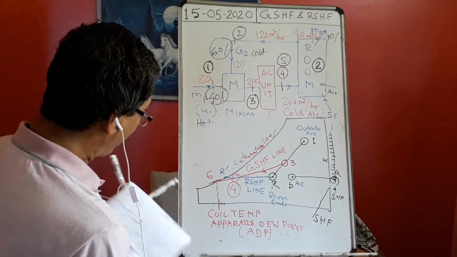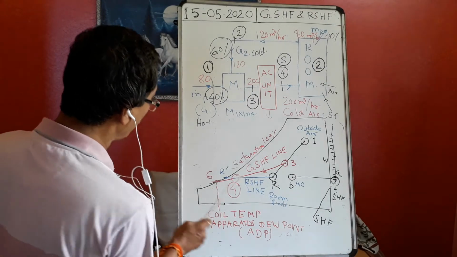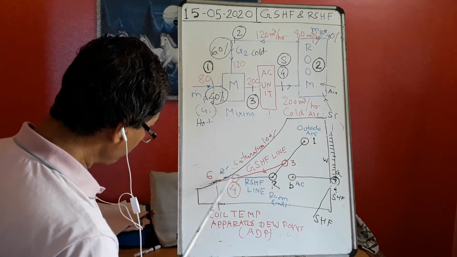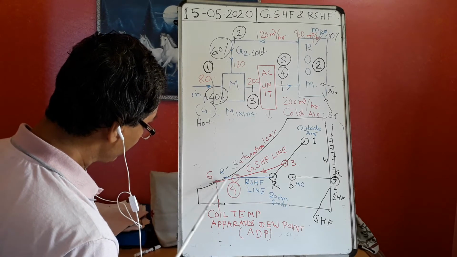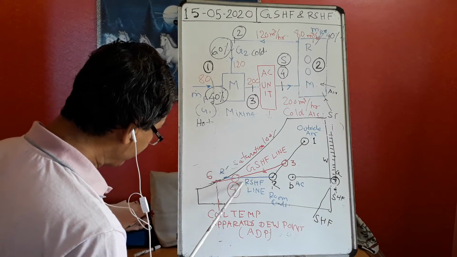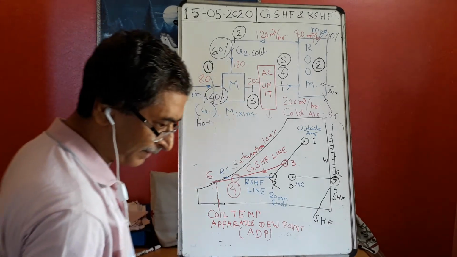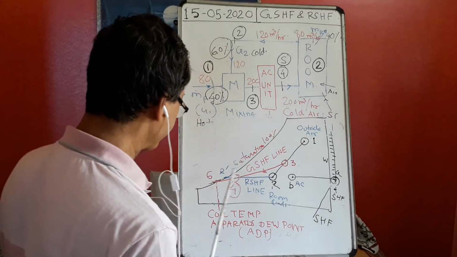But after cooling, where will it go? To the room. So this is the room sensible heat factor line. So the intersection of the two is obviously point number 4. By this way, I will come to know point number 4.